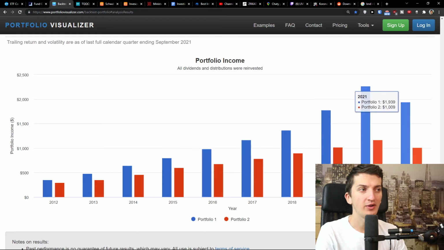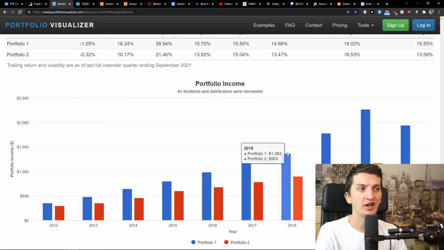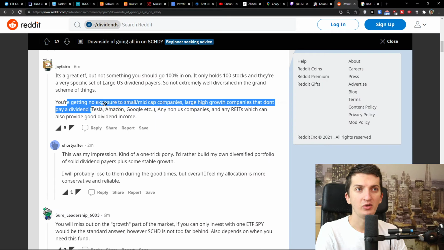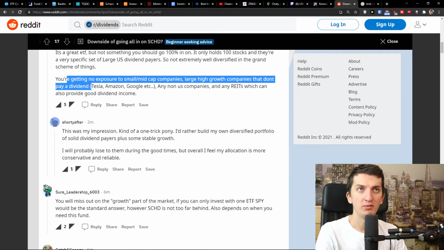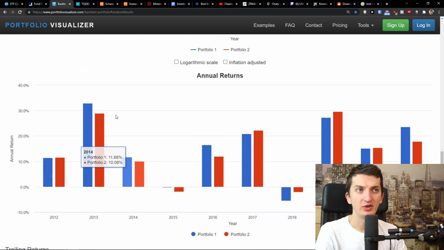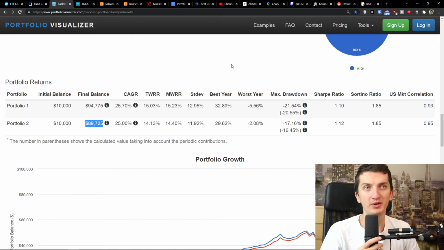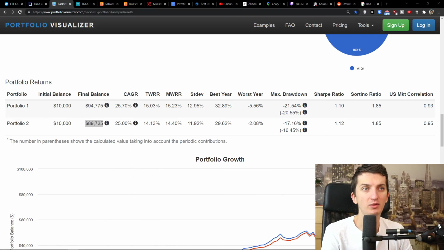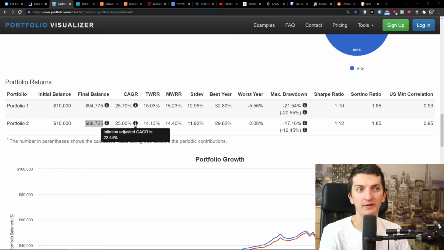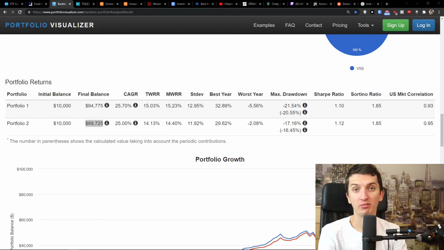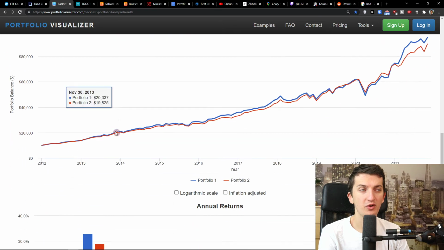Now the one downside about SCHD is that you're getting no exposure to small mid-cap companies, large high growth companies that don't pay dividends, and you will miss out on the growth part of the market. But as you can see, when we compare the performance of VIG and SCHD, you would see that you would be well off with SCHD based on the past. We don't know what the future will bring, and that's also important to know.